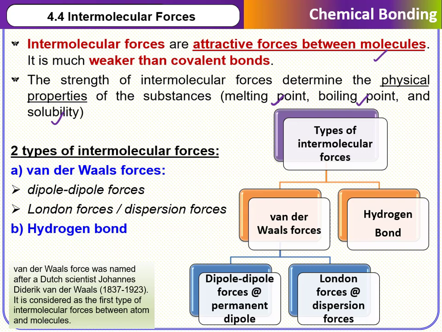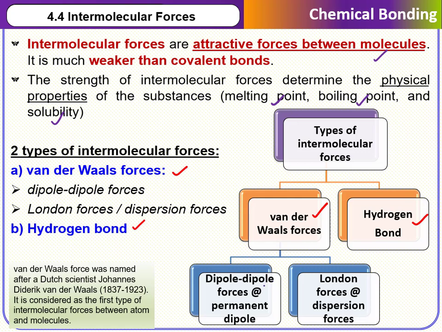There are two types of intermolecular forces, which are van der Waals forces and hydrogen bond. So, types of intermolecular forces are classified into two, van der Waals forces and also hydrogen bond. Then, bawah van der Waals forces, kita ada apa?